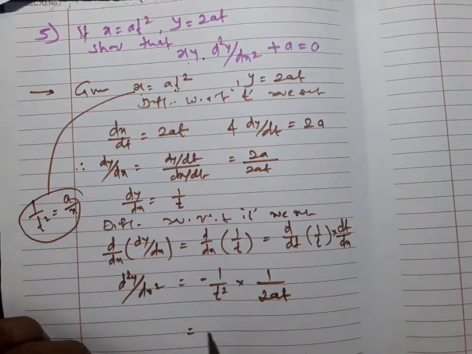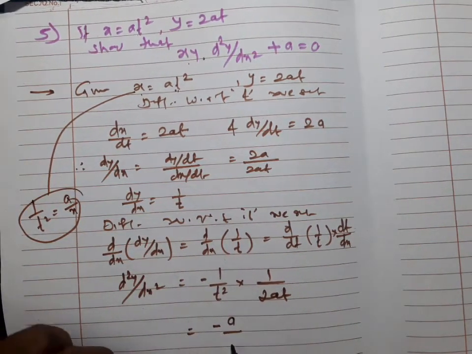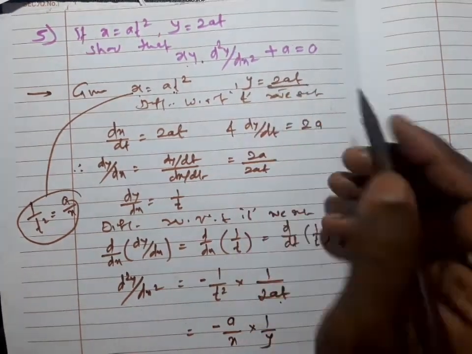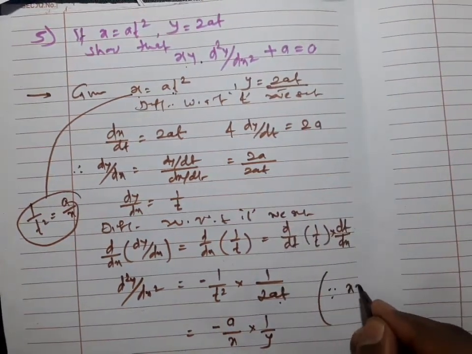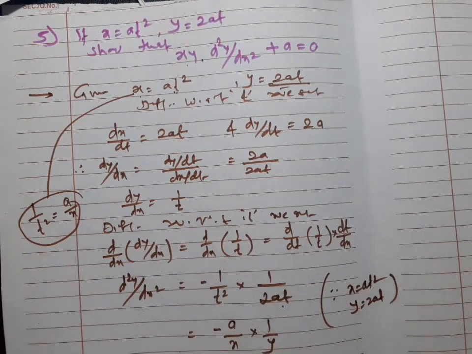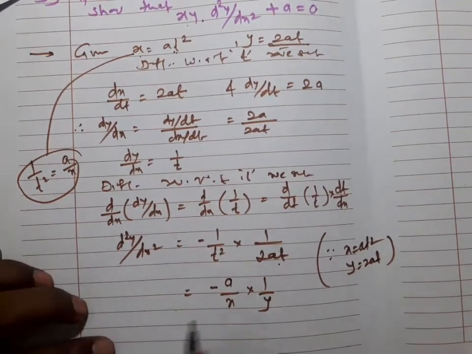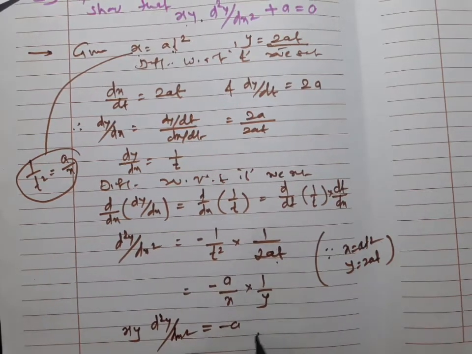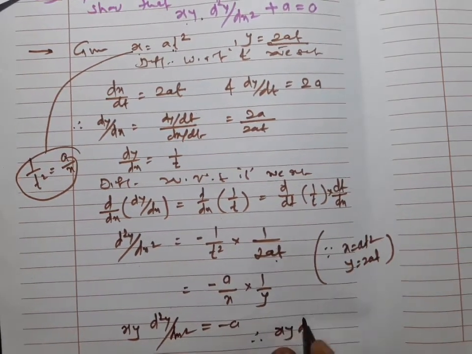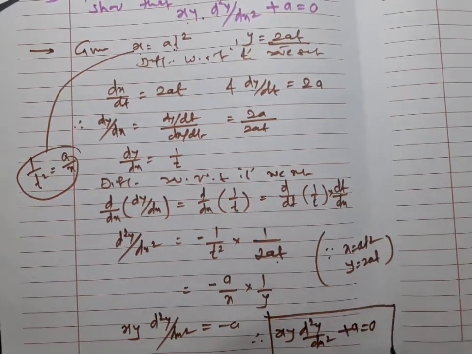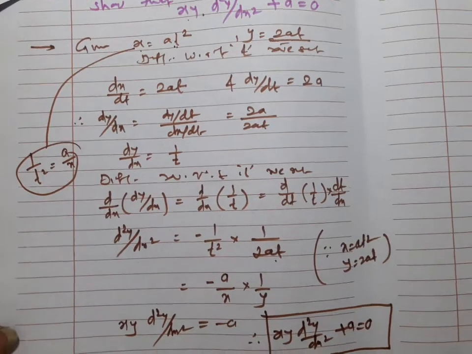So you can put this value here. So minus a upon x, and this is y, because x is equal to a t square and y is equal to 2at. So therefore, x and y coming on this side, xy d2y by dx is minus a. Therefore xy d2y by dx square plus a is equal to 0, and this completes the required proof.